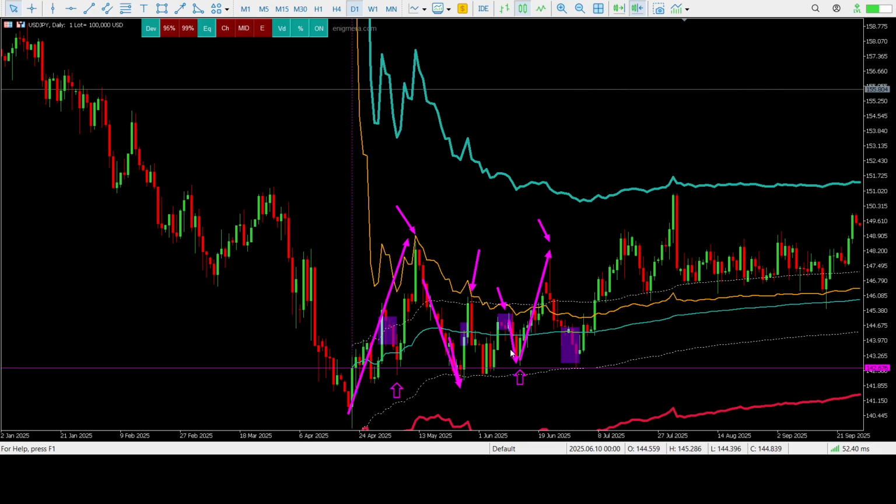This is our daily chart. Our bottom, the market checked the liquidity here, dropped, and what happened here? The market gave us on daily chart a signal, a bullish signal that we can trade on the bullish side.